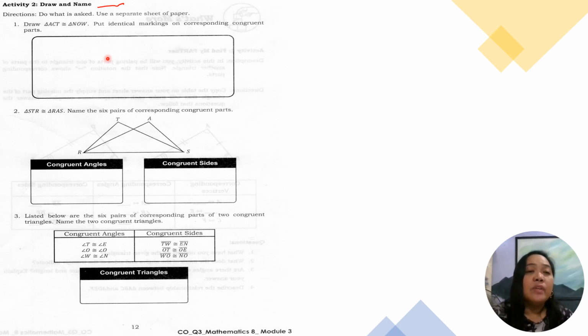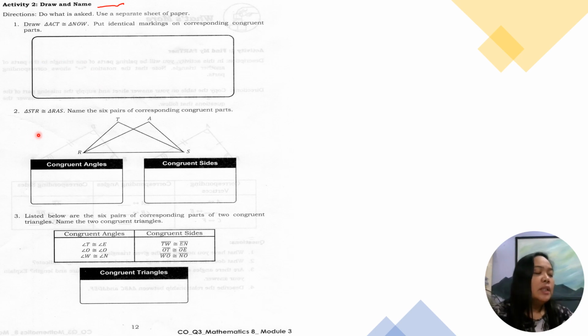You label carefully. Make sure that when you label, the corresponding parts are congruent. So you put the corresponding markings. On the sides, you write the corresponding tick marks. On the angle, you write the corresponding arcs. That is for number 1.